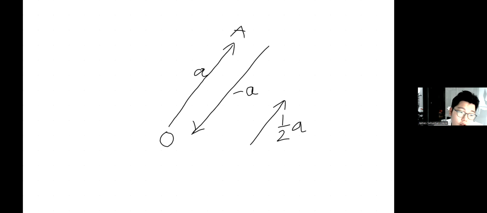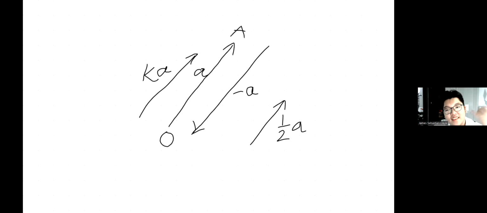And also, if we think about it, a vector like this, where there is another vector in the same direction, is essentially the vector itself multiplied by a constant coefficient.